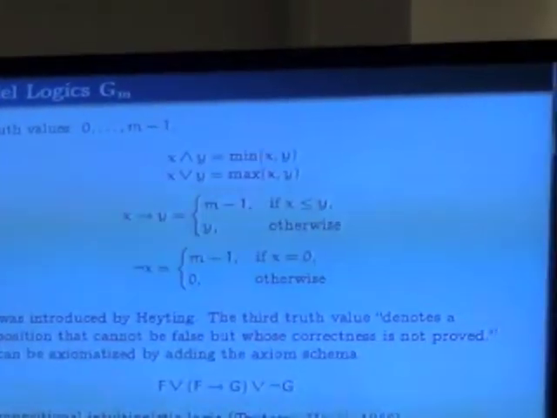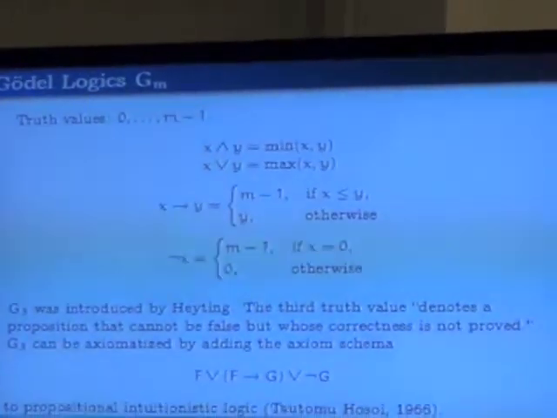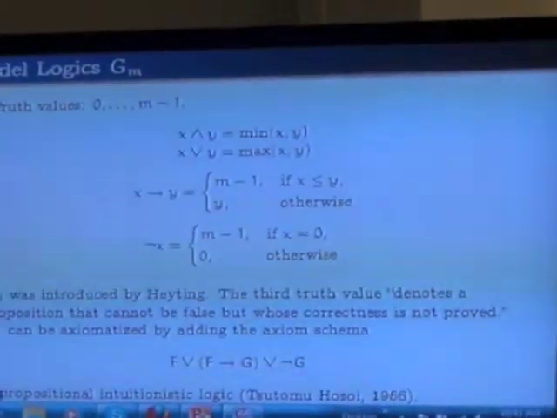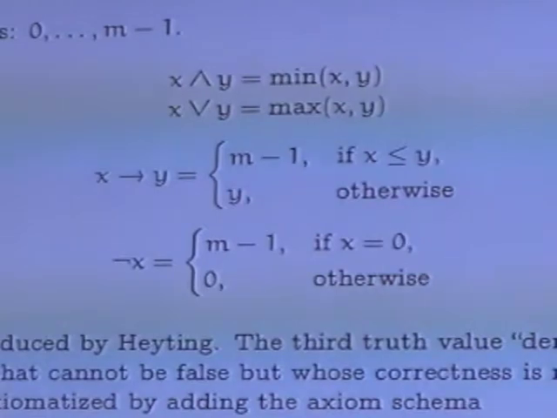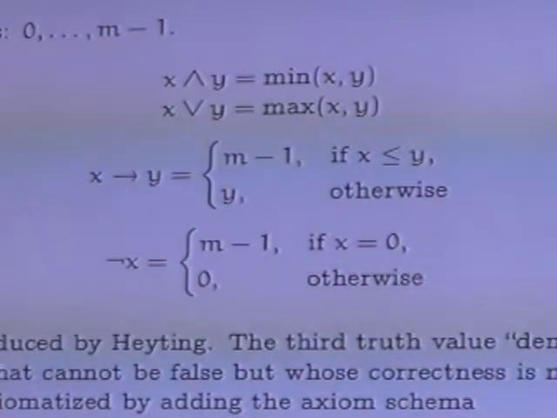In this logic G_m, the truth values are integers between 0 and m minus 1. Conjunction and disjunction are minimum and maximum. And let's actually concentrate on negation. This is an interesting thing. Negation works in such a way that the truth value of the negation in Gödel's logics is one of the two extreme values.